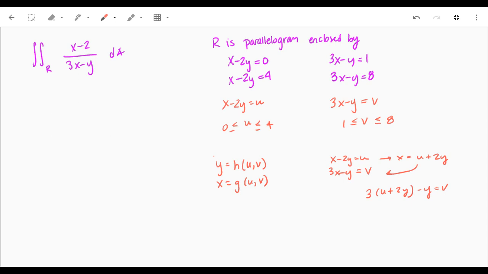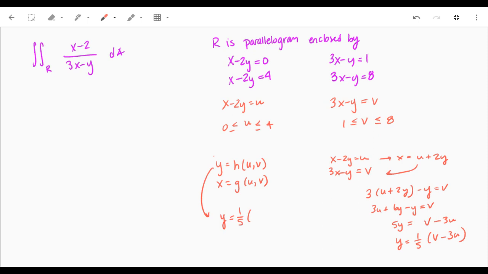So 3u plus 6y minus y is v. Then 5y would be v minus 3u. So y is 1/5 (v minus 3u).